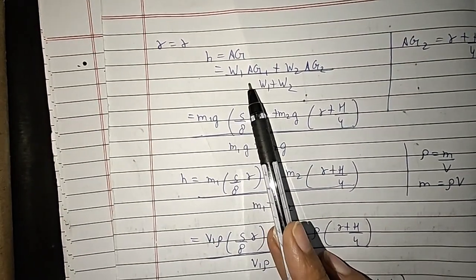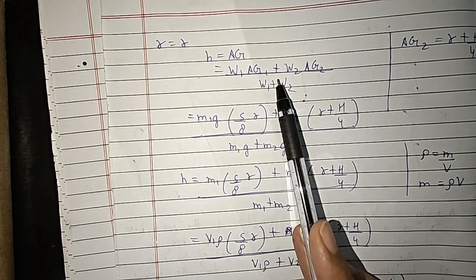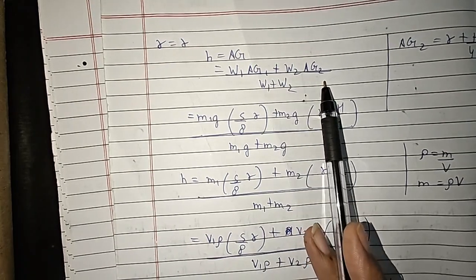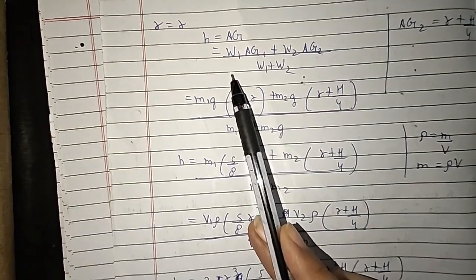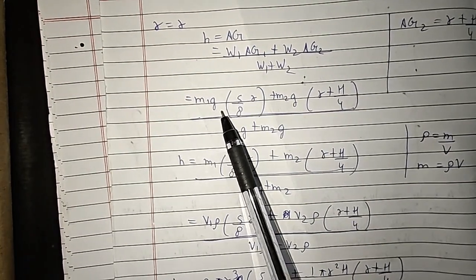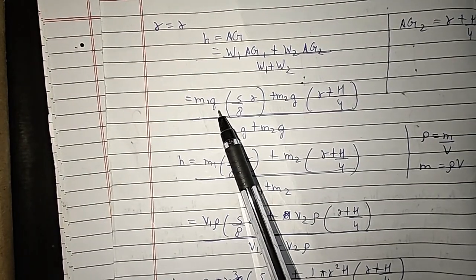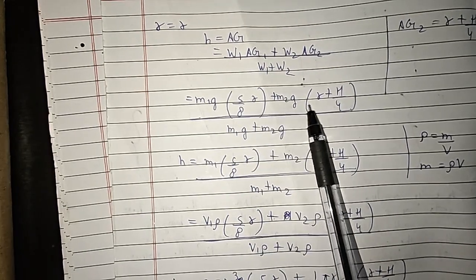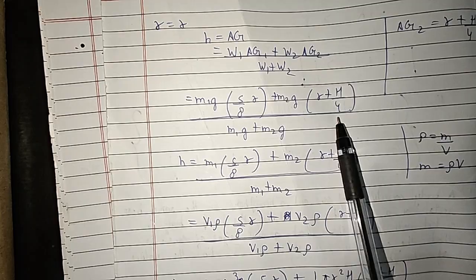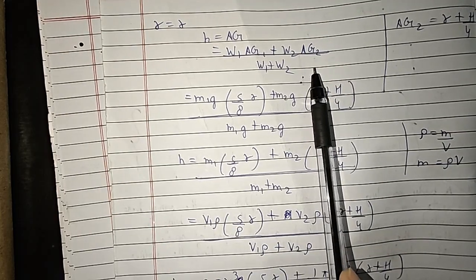So AG equals (W1 AG1 plus W2 AG2) upon (W1 plus W2). W1 will become m1 g, so this will be m1 g times 5 upon 8 r plus m2 g times (r plus h upon 4), upon m1 g plus m2 g.